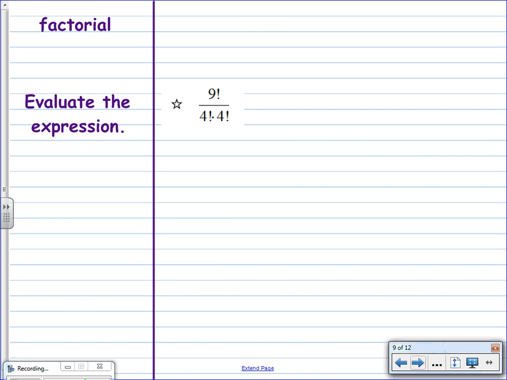So the first thing we're going to do is define factorial and what factorial is. The symbol for factorial, you can see here, is just an exclamation mark. That's it. That means factorial.